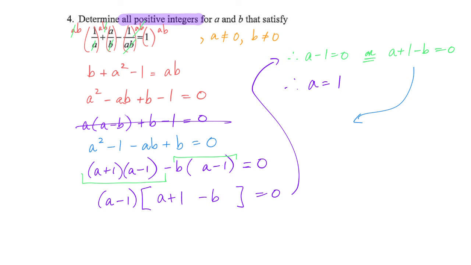I could write that my a value is going to equal b minus 1, or I could choose to write it solving for b, that my b value is equal to a plus 1. It doesn't really matter how I write that. I can solve for either variable, because if I go back to my original question, it wants me to find values of a and b, all positive integers for a or b that satisfy that.